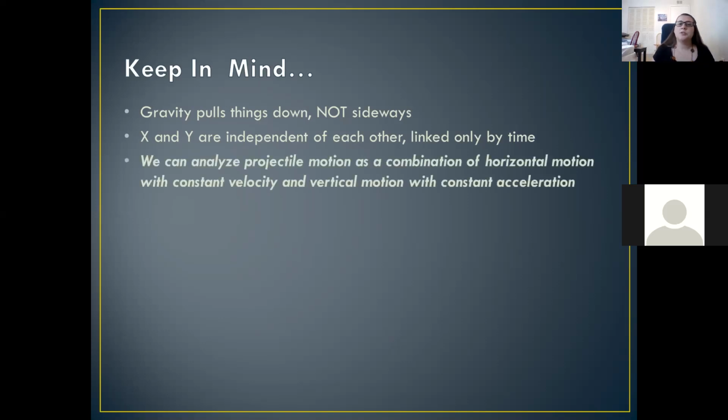So we can analyze projectile motion as a combination of horizontal motion with a constant velocity, because again, once it's out of our hand or out of the gun or whatever it is that's launching it, there's nothing pushing it forward or slowing it down because we're ignoring air resistance.